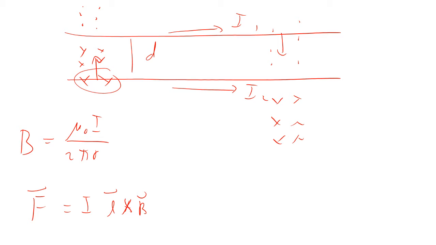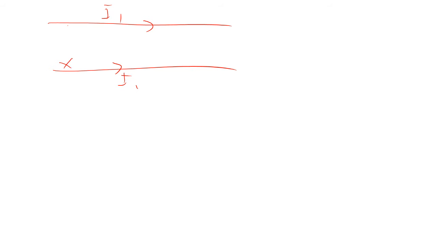So we got I1, we got I2. Let's just look here. Here's the magnetic field due to wire 1. We'll call that B1. The force on wire 2 is going to be equal to I2 times L times B1.